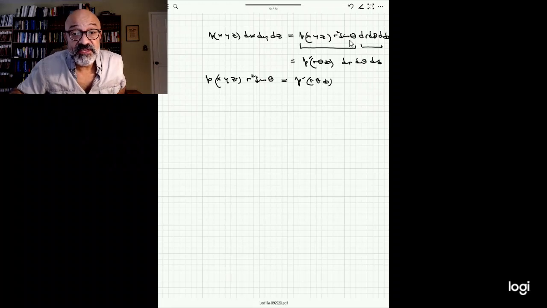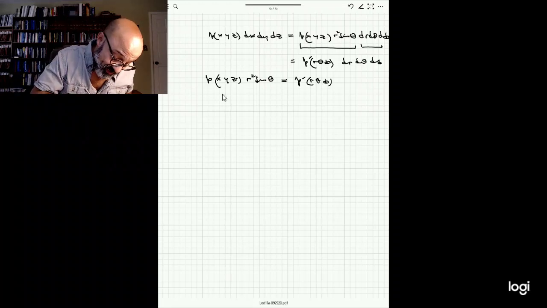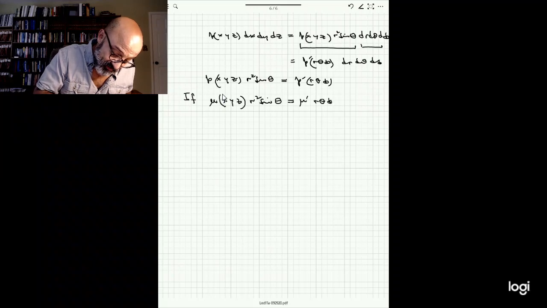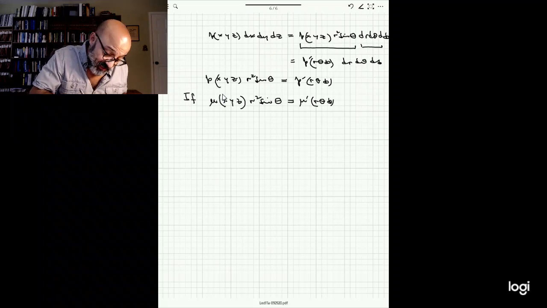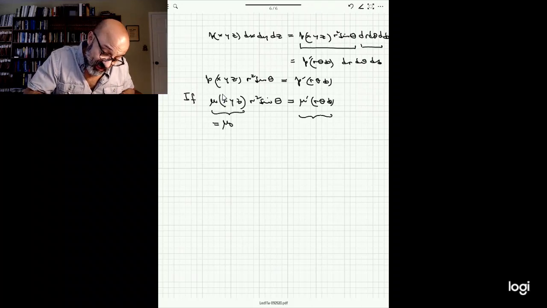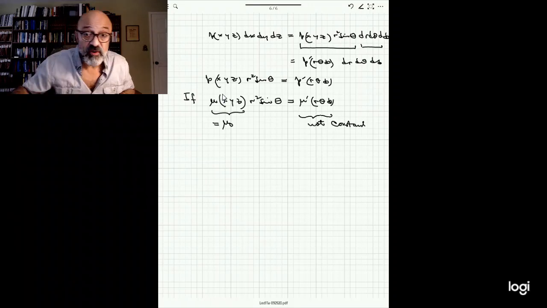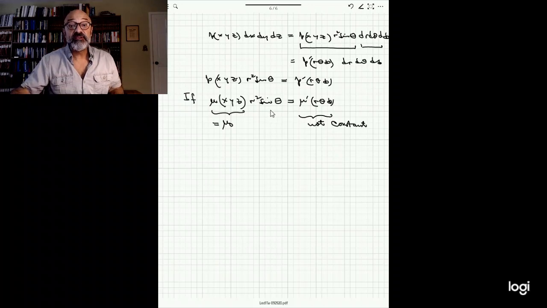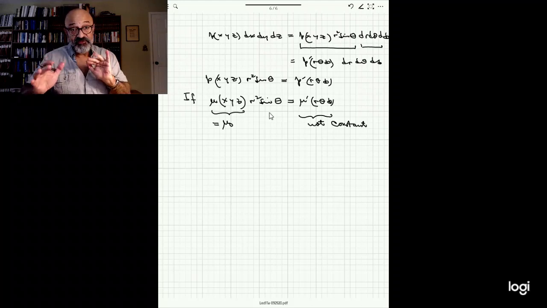So obviously, if we have a uniform probability distribution, this is what you're going to get. But being constant here means this guy is not constant. Why? Because there is the r squared and the sine theta. So constant and uniform are not the same thing.